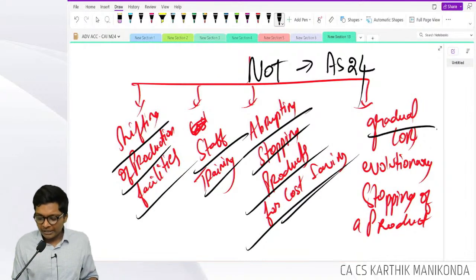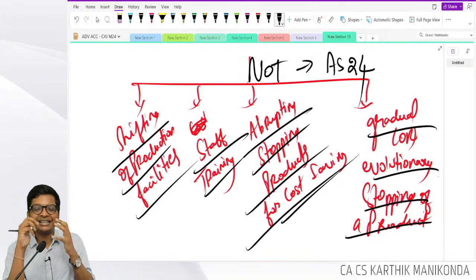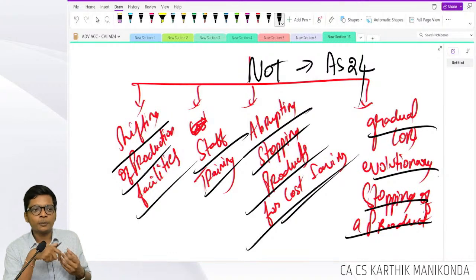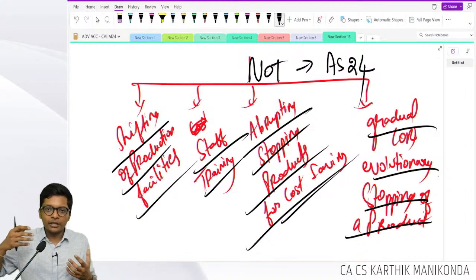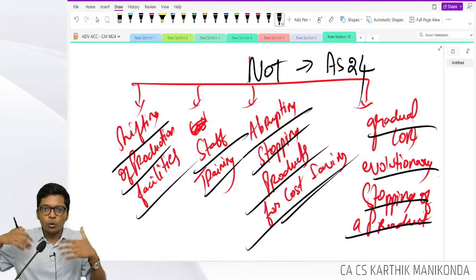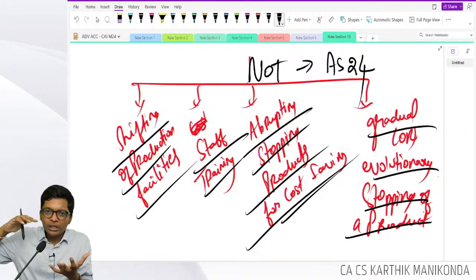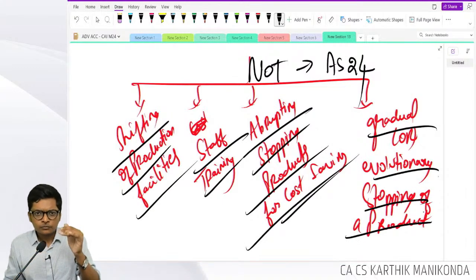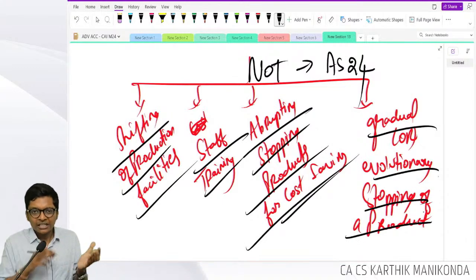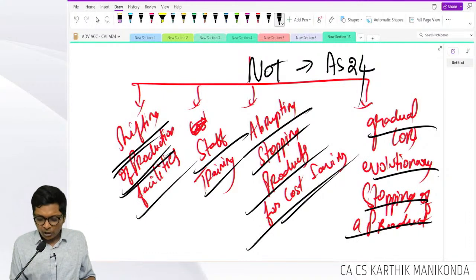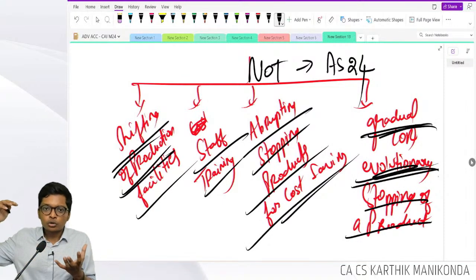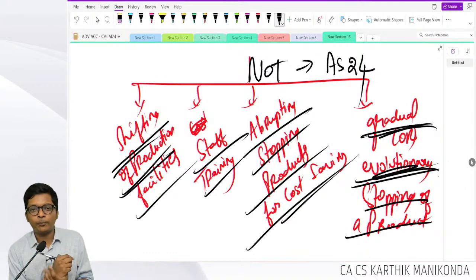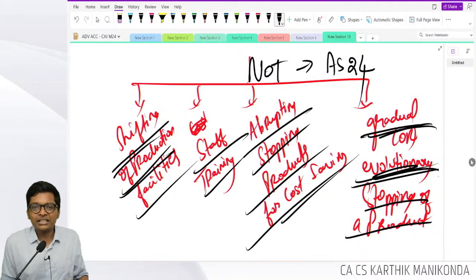Or gradual or evolutionary stopping of a product. Let's say Lays decided nobody wants to buy the red tomato Lays or salted. So they want to buy only blue or orange. So let me manufacture more of blue, orange and green, and slowly I will reduce salted and tomato flavor and keep it to minimal. Slowly stopping the production of a product is not a discontinuing operation.